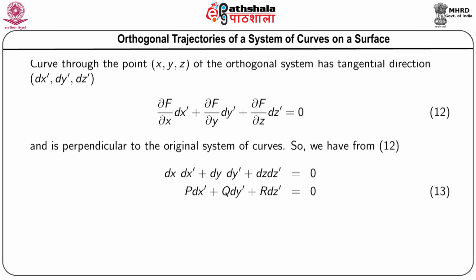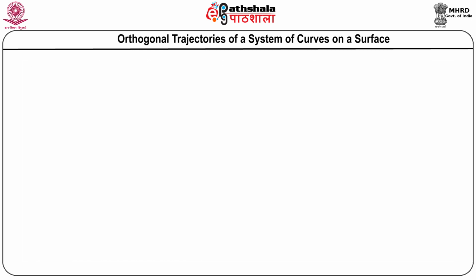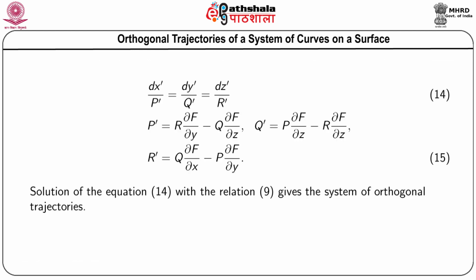Now, we have to solve for dx dash, dy dash, dz dash, which are given by equations 10 and 11, and solving 10 and 11 we can write the simultaneous equation in this form, where expressions for p dash, q dash, r dash are written in equation number 13.